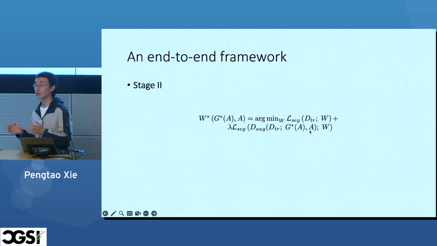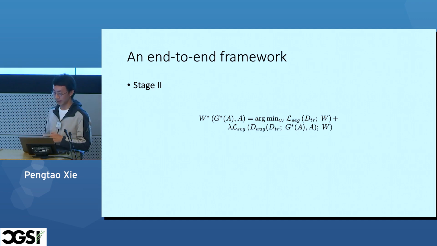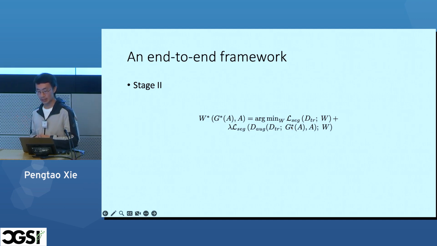Then we can use it to train a semantic segmentation model, W here. It can be any model we like, UNet, DeepLab, etc. So this is the segmentation loss here. And meanwhile, we can also train this model on the human labeled dataset, D_train. Then we add these two losses together. Lambda here is some trade-off parameter.